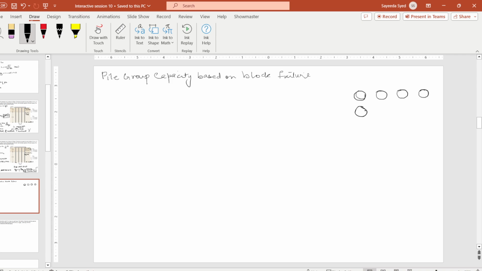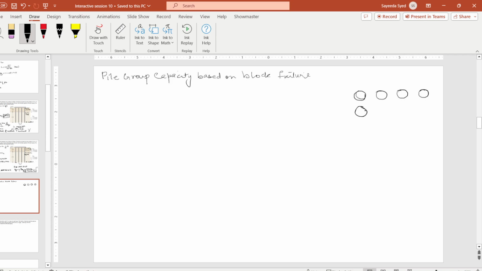So our LG will be equal to, this is 1, 2, 3, 3 times D plus the pile diameter because of the half radius here and half radius here, and then our BG, actually it will be n minus 1. So let me write 4 minus 1, and here it will be 3 minus 1 into D plus the diameter.